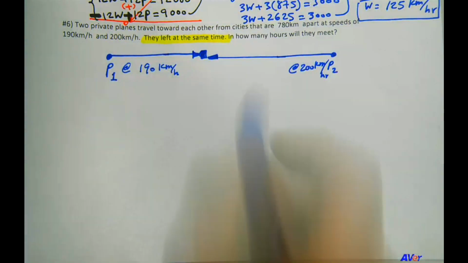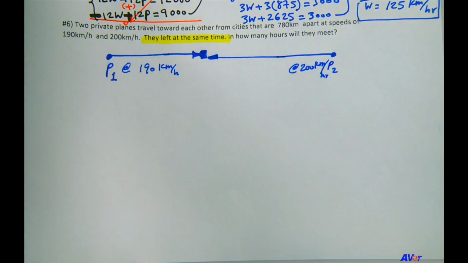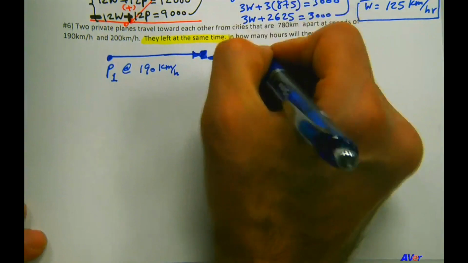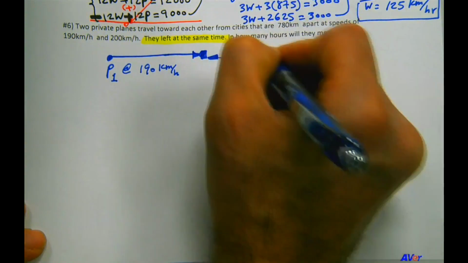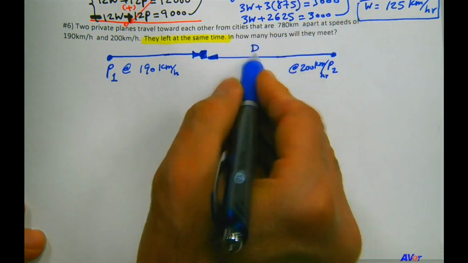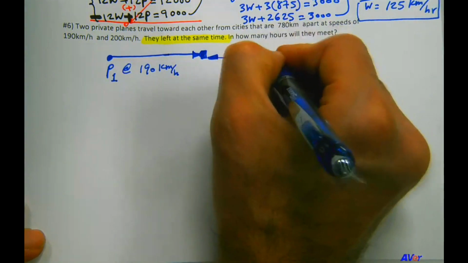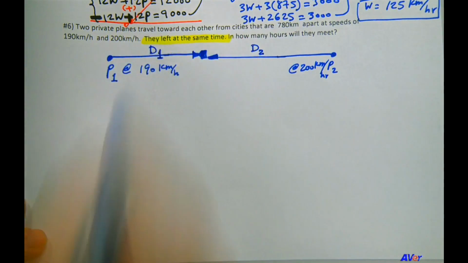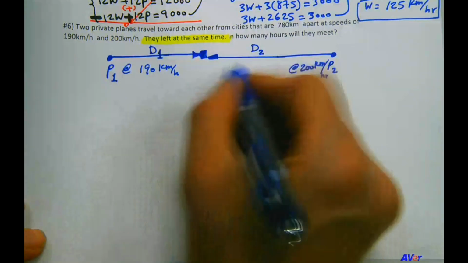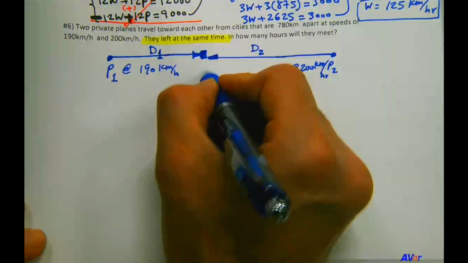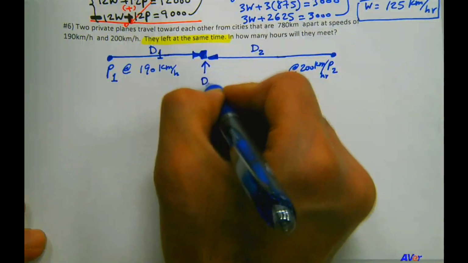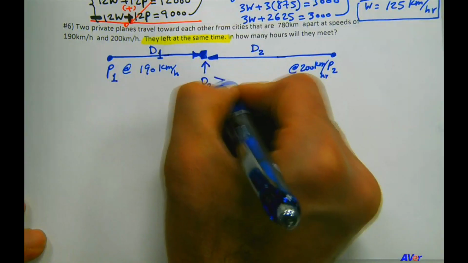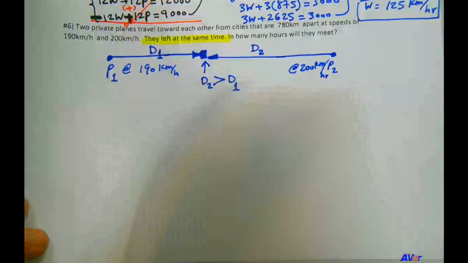That's one thing we should notice. So let's say D2 is the distance traveled by plane 2, and D1 is the distance traveled by plane 1. When they meet at this point, D2 must be greater than D1, right? That's what we know.